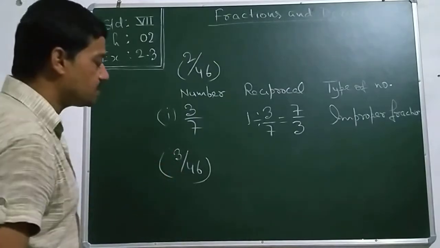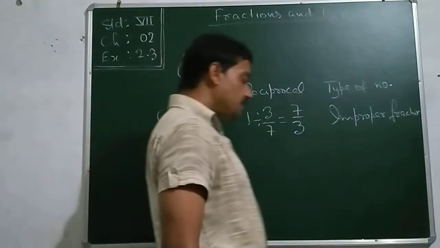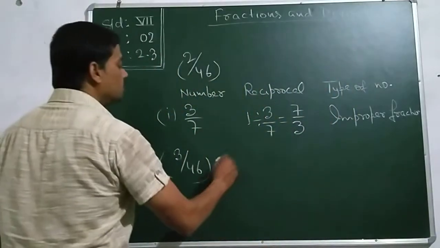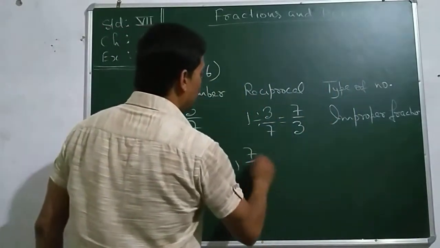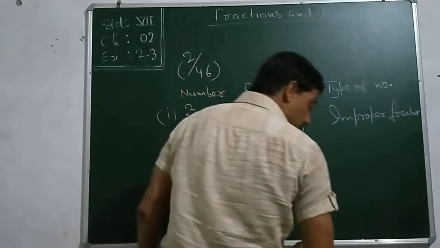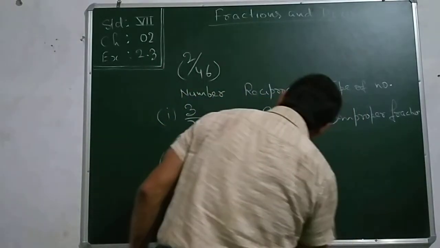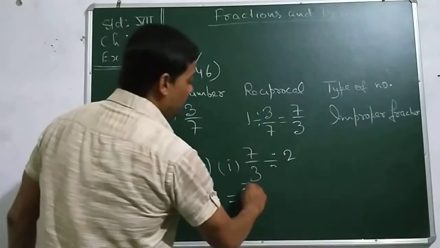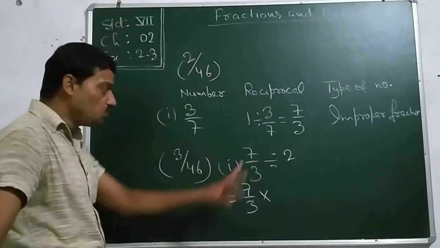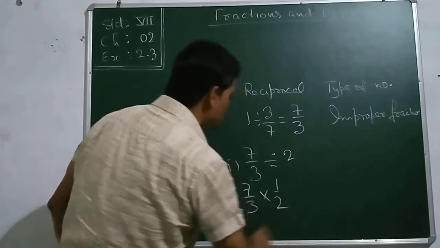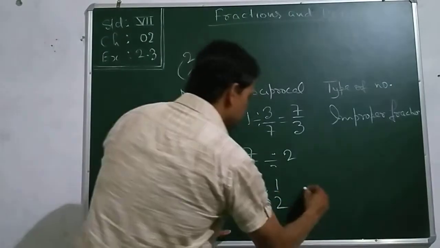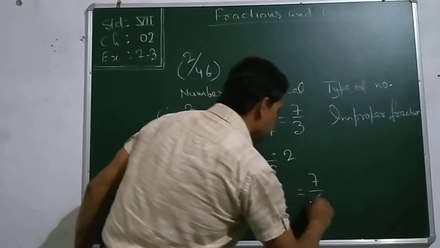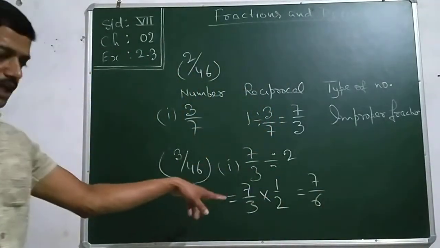And in the three number sum, you are asked to find the value of number 1, 7 by 3 divided by 2. As I had explained earlier, 7 by 3 into the reciprocal of 2, 1 by 2. In the next step you will get the resultant number 7 by 6. In this way you will solve the remaining.